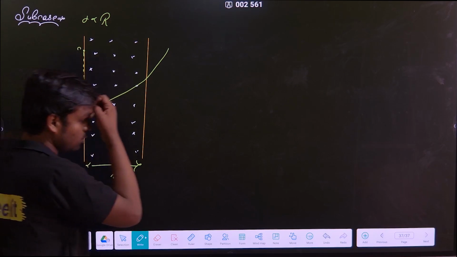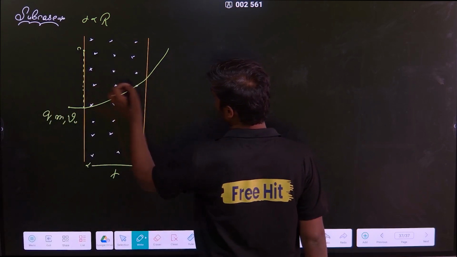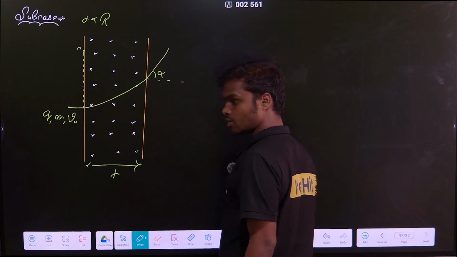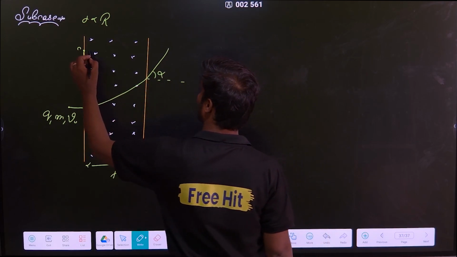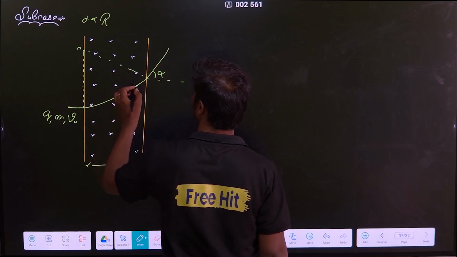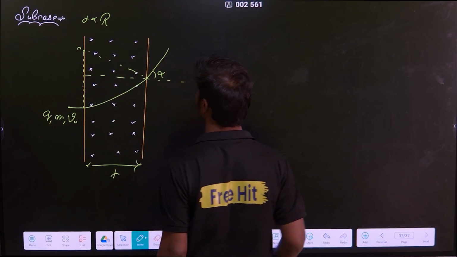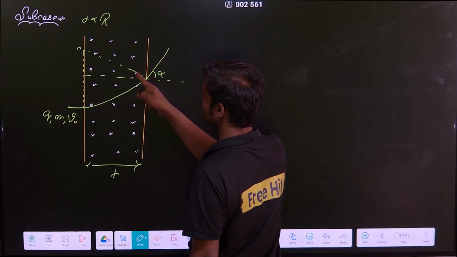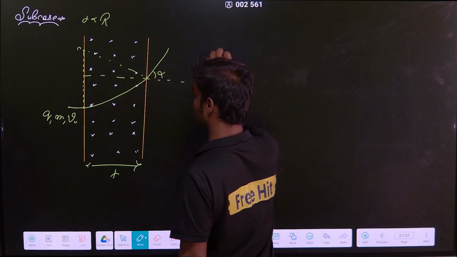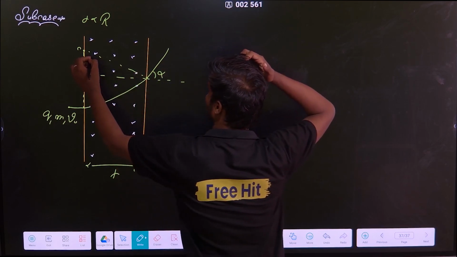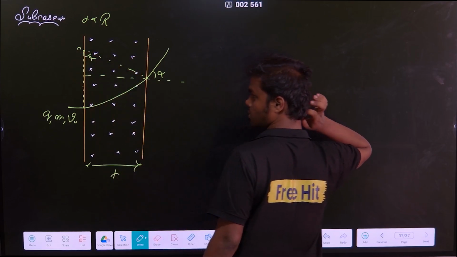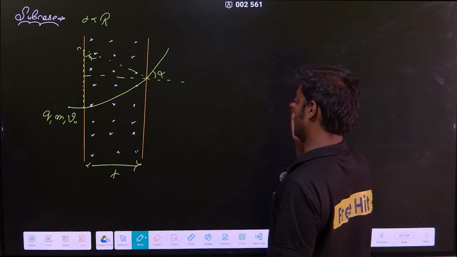Now suppose this angle is alpha. I will put a perpendicular up to here and here. If this is alpha, this is 90 minus alpha, and this is alpha, so this will also be alpha, correct? Any doubt till here?